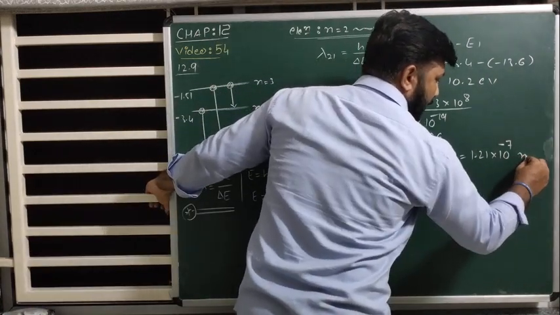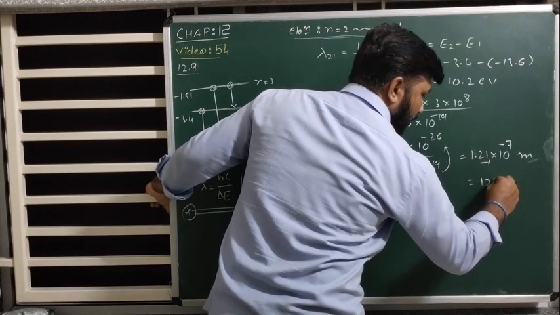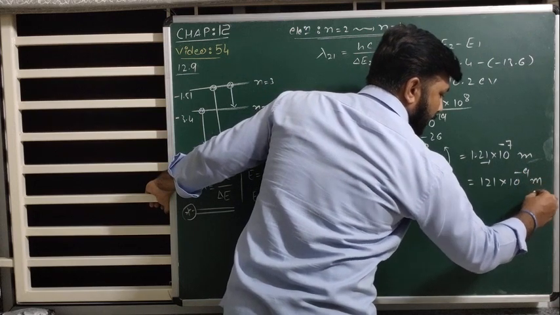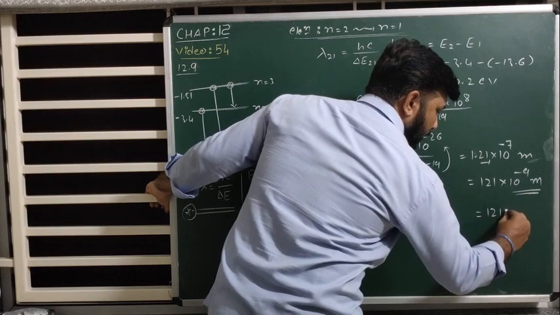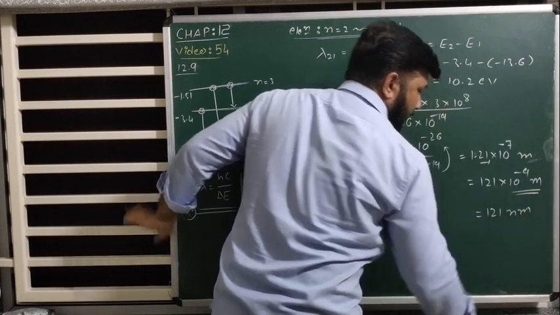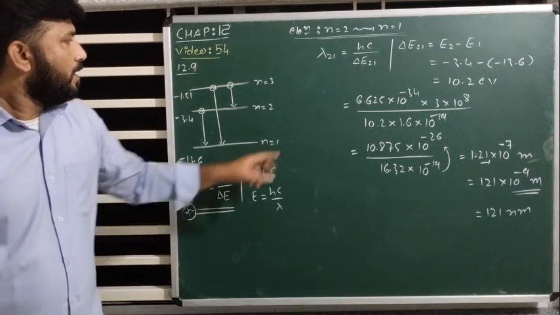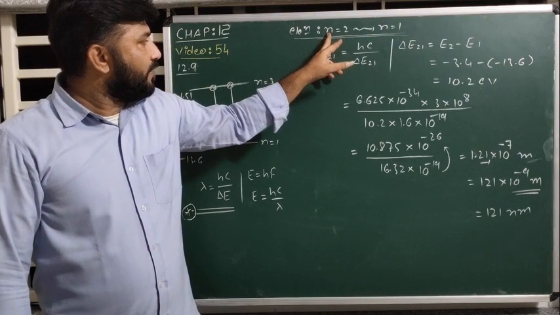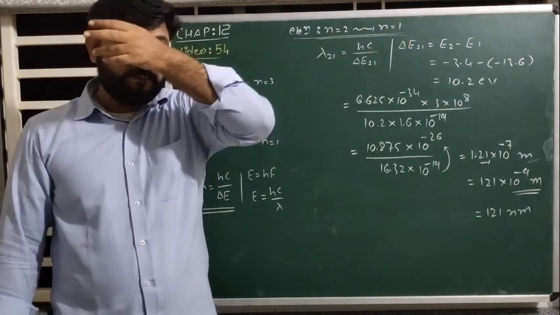Not nanometer, it is in meter. Take 2 points here, so we are getting 121 multiplied by 10 raised to minus 9 meter, and 10 raised to minus 9 meter is nothing but nanometer. So this is when the electron transits from n is equal to 2 to n is equal to 1.